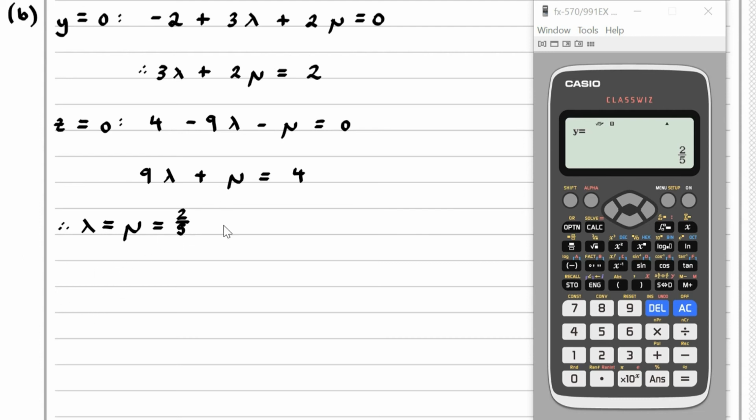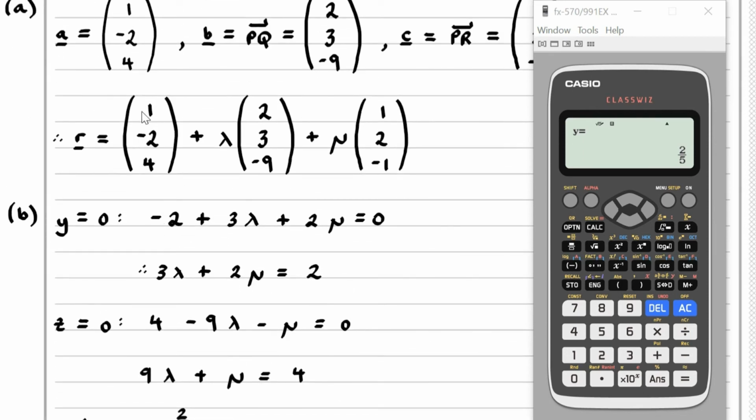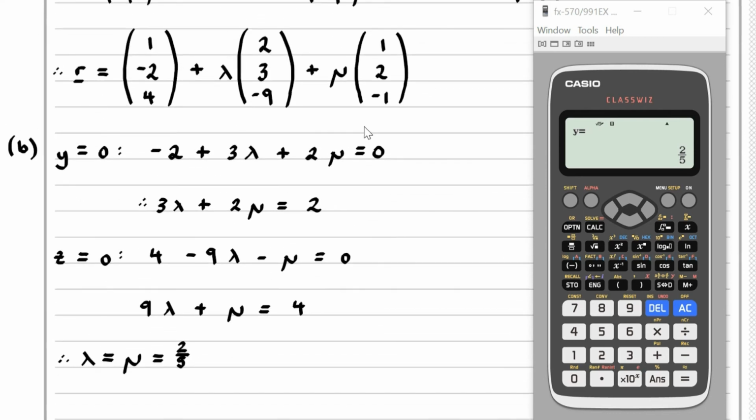So, if that's the case, what we can do is find out what the x coordinate is by substituting 2/5 into the x component.